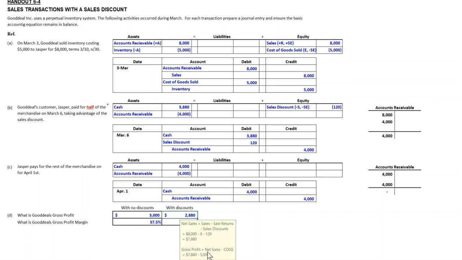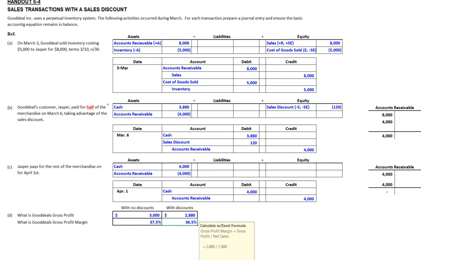So our gross profit then is net sales of $7,880 minus $5,000 in cost of goods sold, or $2,880. Our gross profit margin is that gross profit of $2,880 divided by $7,880 in net sales, and our gross profit margin is 36.5%.